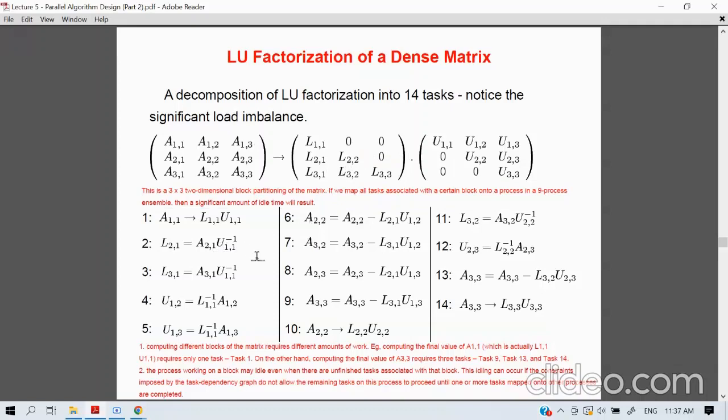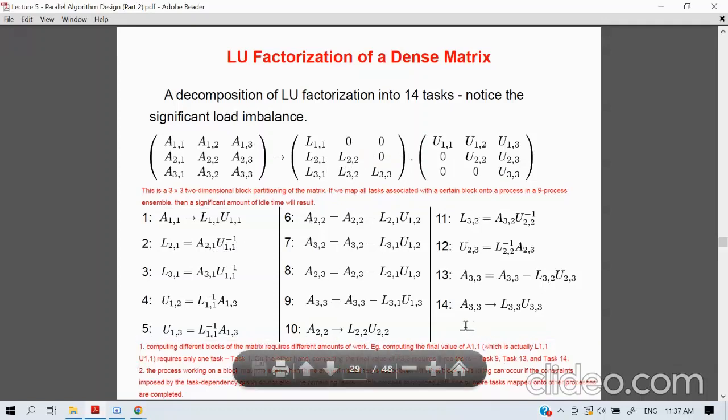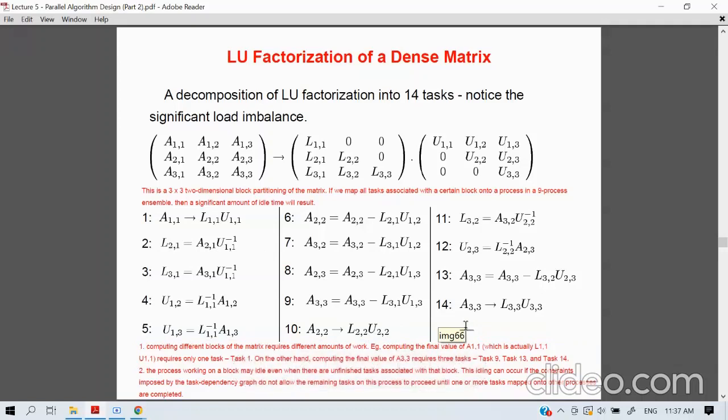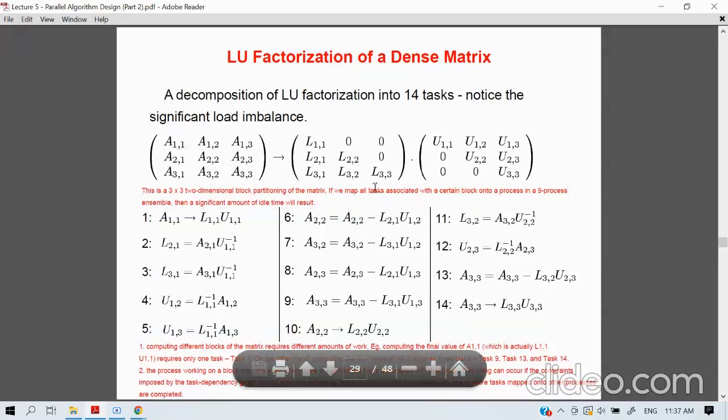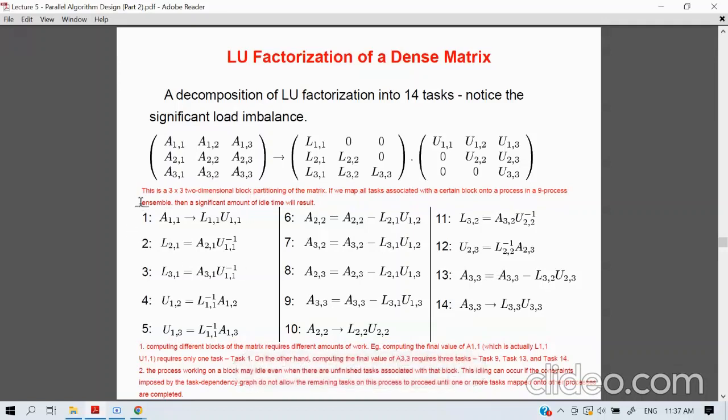If you can see here, there are 14 tasks for the A outputs. To get A11 until A33, there are 14 tasks. Okay, so this is a 3 by 3 two-dimensional block partitioning of the matrix.